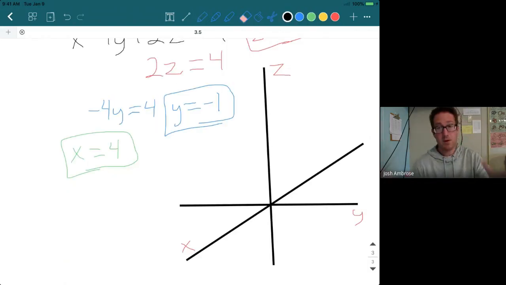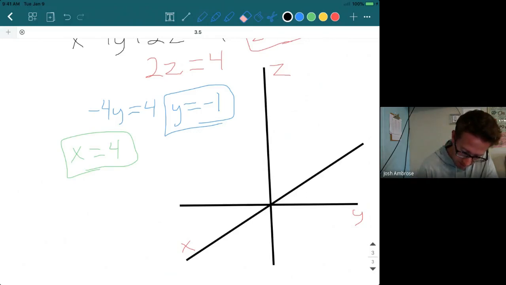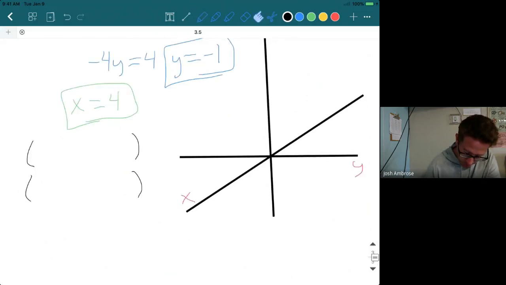Okay, so here we go. Now we have our intercepts, which means we actually have 3 distinct points here, not one. This is how we represent those 3 distinct points. So let's write them all out. We're actually going to have 3 ordered triples.